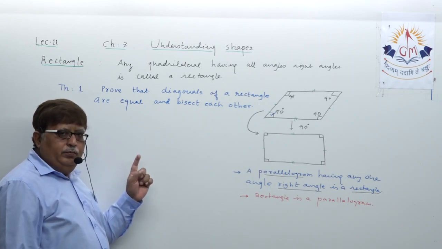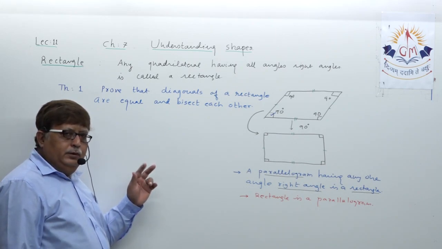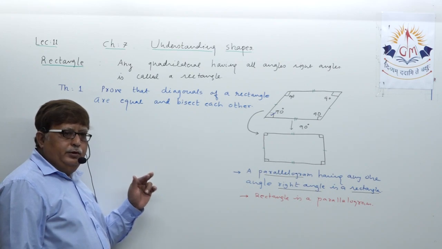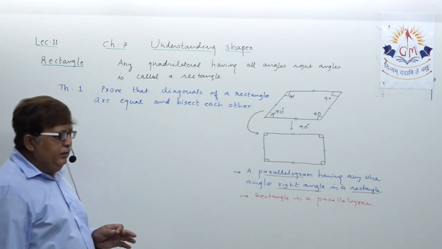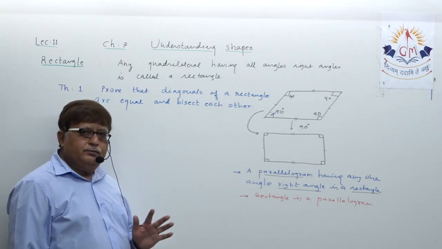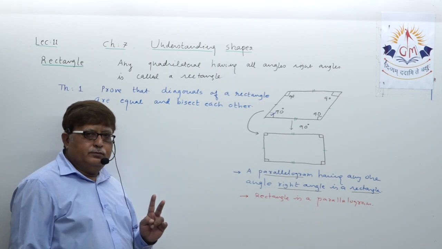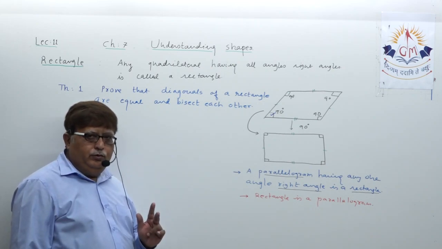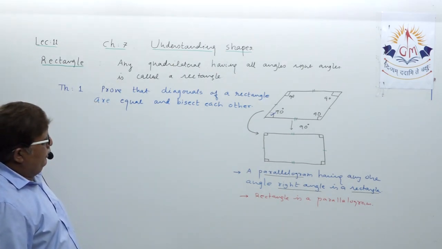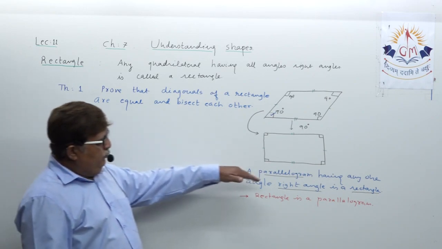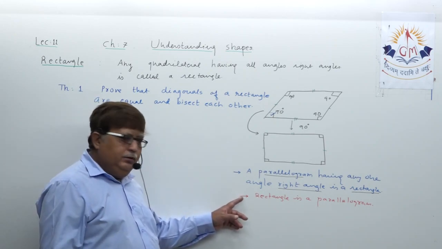Ultimately, when you prove this theorem, it becomes two important properties of a rectangle. Diagonals of a rectangle are equal and bisect each other. Two facts we are going to prove in this particular theorem, understood? These two facts are already, you must have noted down this.